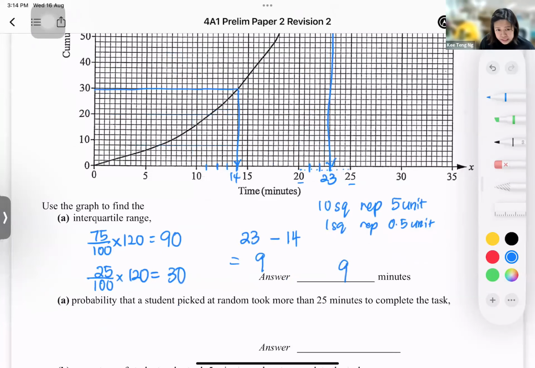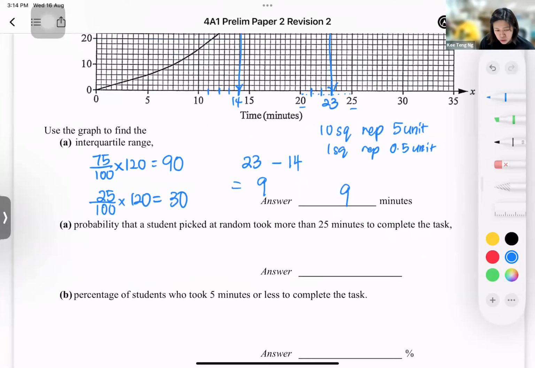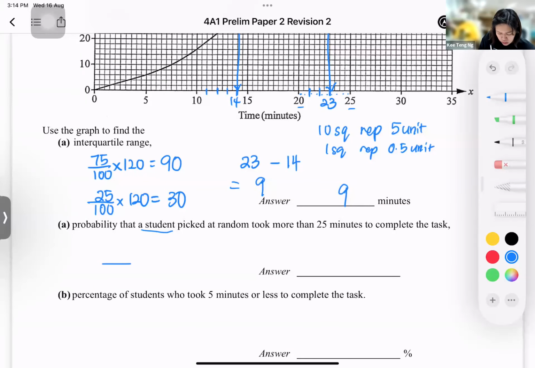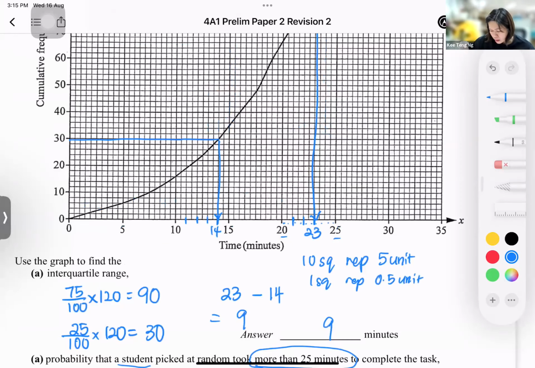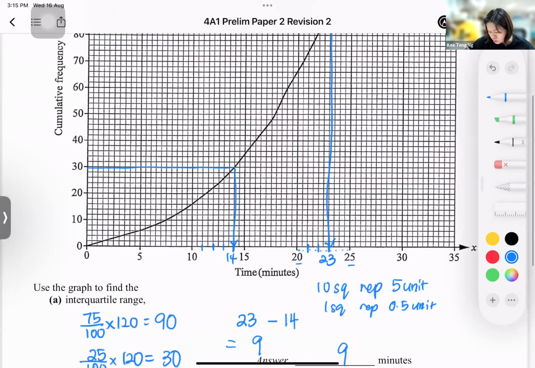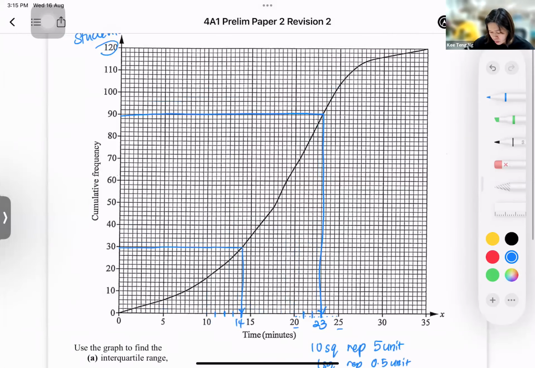Next question: find the probability that a student picked took more than 25 minutes. Remember, the total is 120 students. More than means the people on top, the ones not doing so well, who took more time.